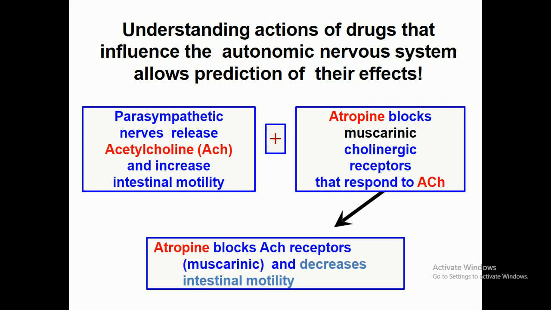I can give you a general example: we have different types of glands, like the pituitary gland, which is called the master gland of the body, or hypophysis, and that gland is responsible for secreting different types of hormones. The same case is here. In this case, it means that we will stop or control the acetylcholine production. So atropine, as we know, comes under the category of anticholinergic, which can block the acetylcholine receptor, that may be muscarinic, and it can decrease the intestinal motility.